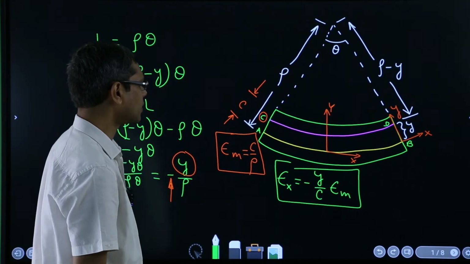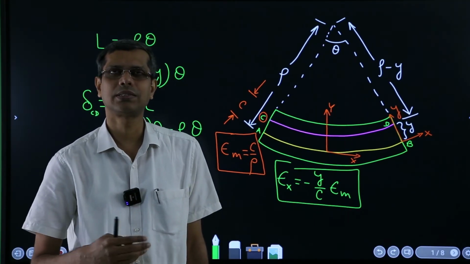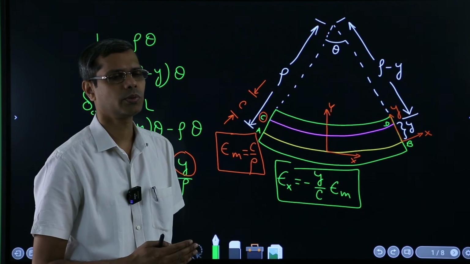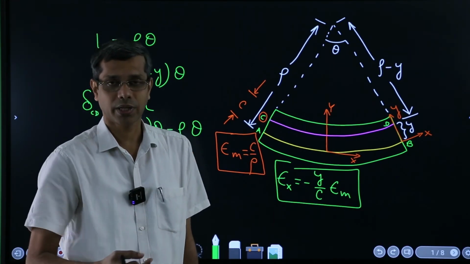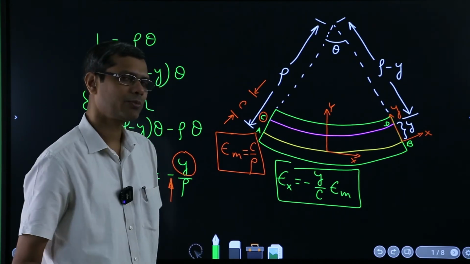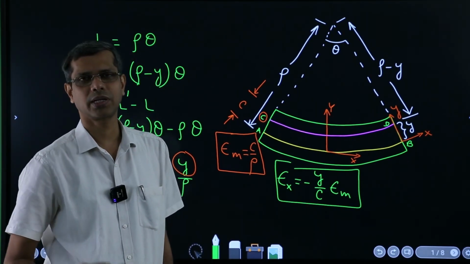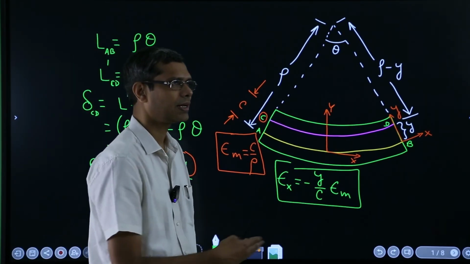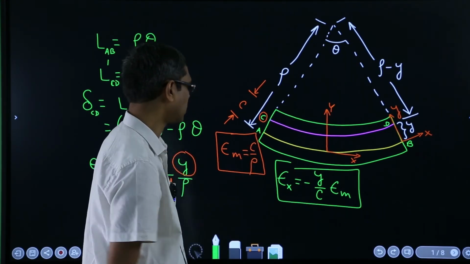This is very similar to the expression for strain we derived for the torsion case, if you remember, where we expressed it in terms of the maximum strain or stress developed anywhere on the cross section.